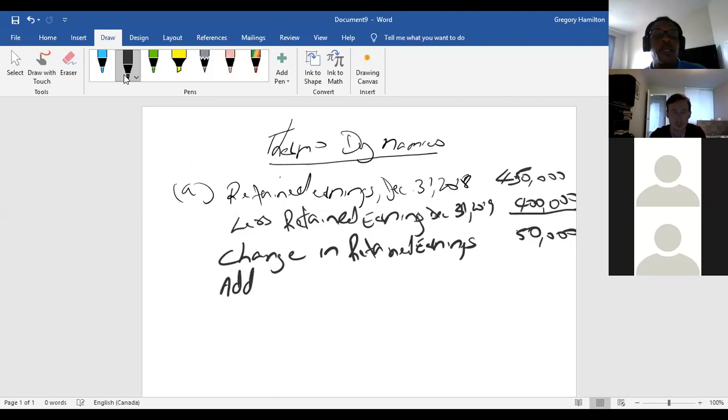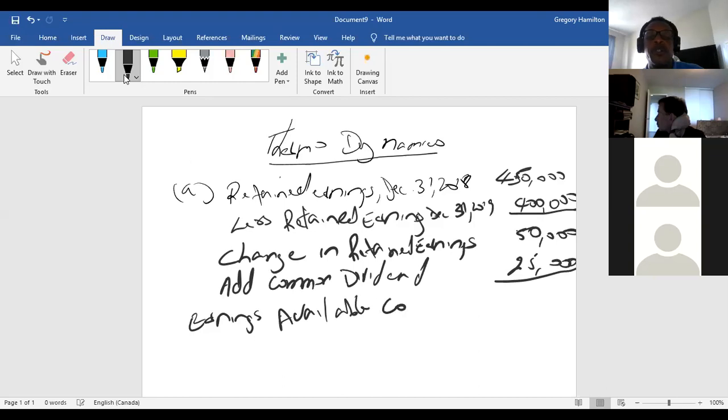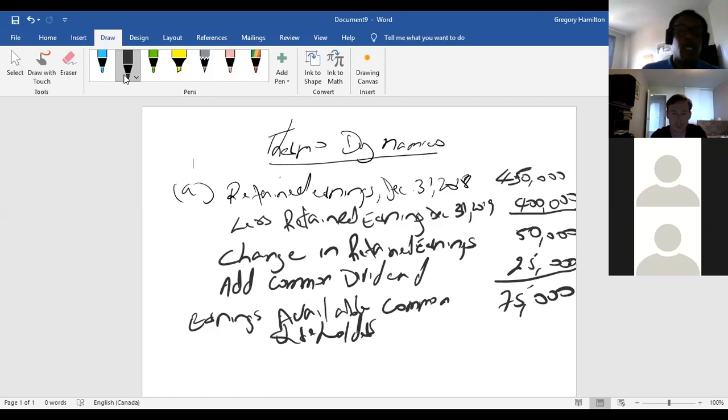So if we add the dividends that were paid, 25,000, therefore we know that the earnings available to common shareholders is 75,000. So that would be what it's asking us for. That would be our earnings for the year.